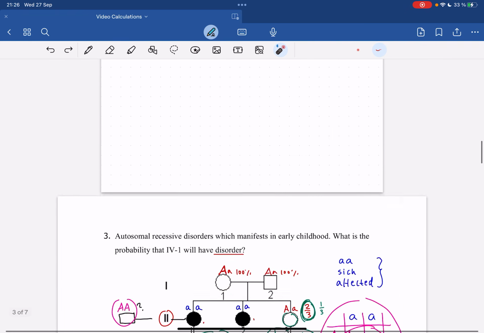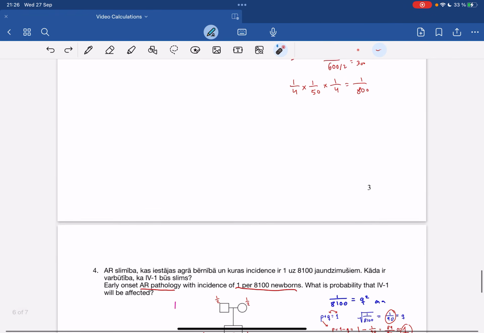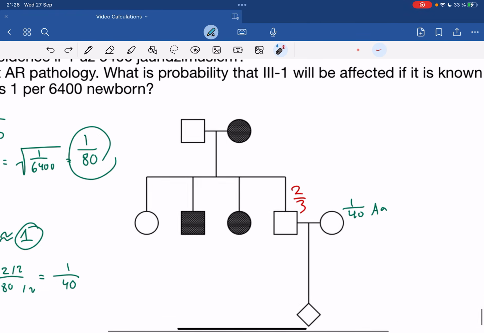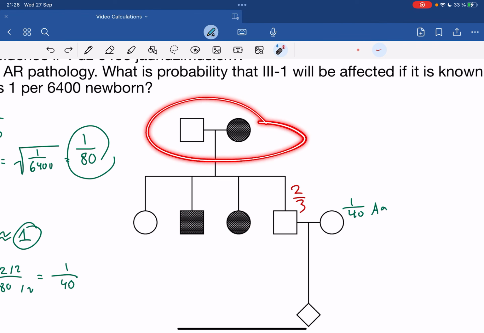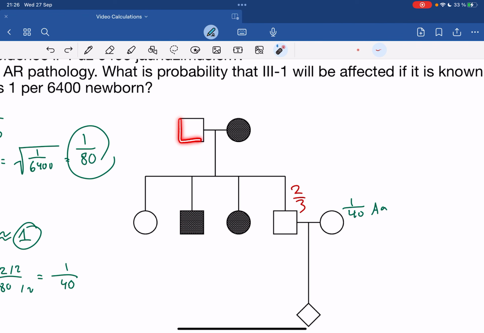Now let's look at the chart again. So for this guy, he does have affected siblings. However, he doesn't have completely healthy parents. Only one of these parents is healthy. Therefore, this probability does not make sense anymore because both parents have to be healthy for it to work.